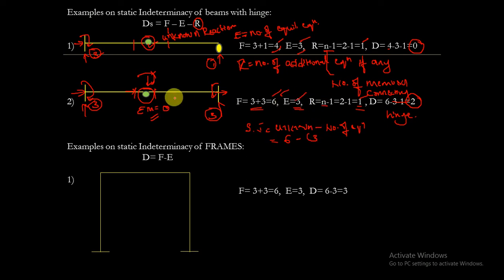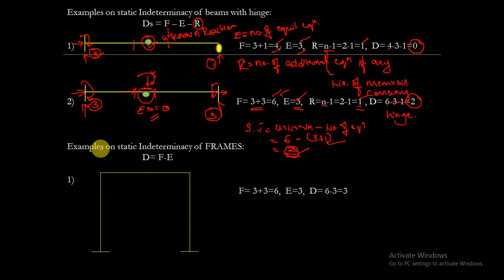And by providing this hinge, we got another one extra additional equation. So 6 minus 4, that is 2. Static indeterminacy of the structure is 2. Unknowns minus number of equations, we have 6 unknowns, and we got another extra equation to solve this problem. When a hinge is given, we will get this extra equation to solve this problem.